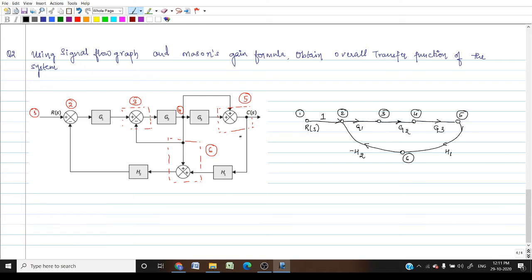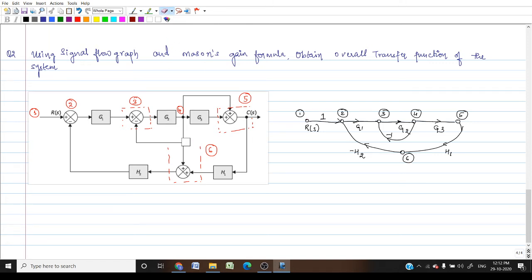Next, from 4 to 3 we have a negative feedback, and it is a unity feedback, so minus 1.